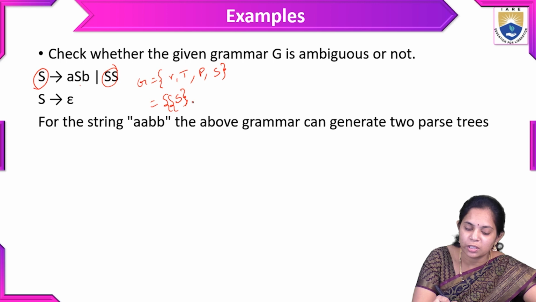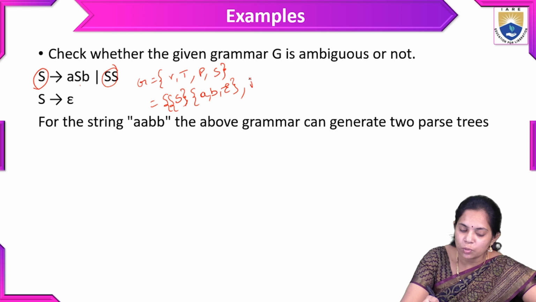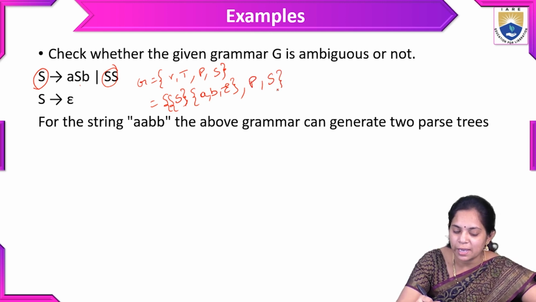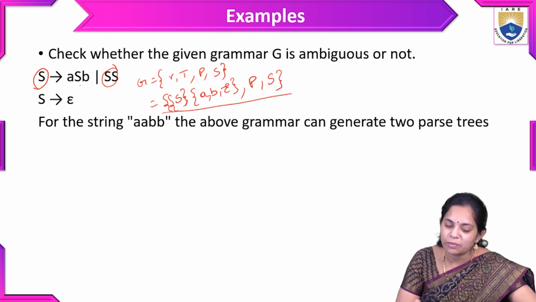That is the non-terminal. And what are the terminal symbols? A, B, comma, epsilon. And what are the production rules? And what is the start symbol? The start symbol is S. So this is the grammar for the given context-free grammar.